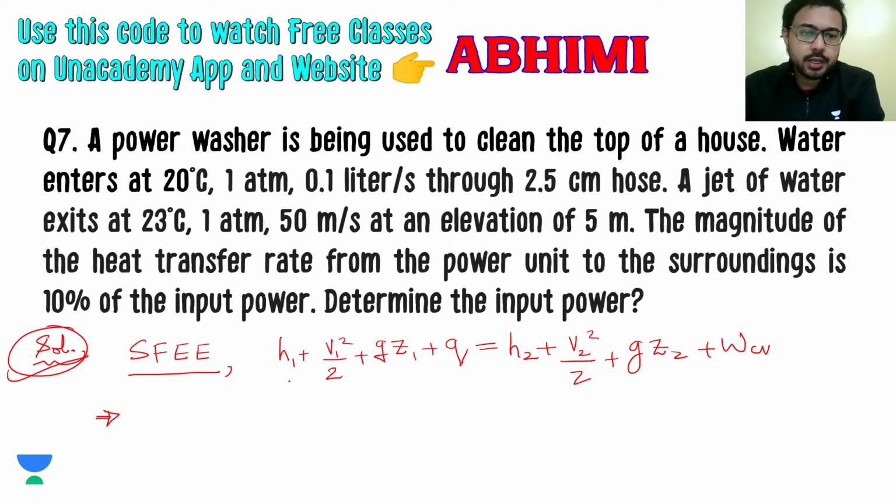We are calculating the specific value for that control volume, and then we will multiply with the mass flow rate, which can be calculated from the information given, and get the final answer of input power.